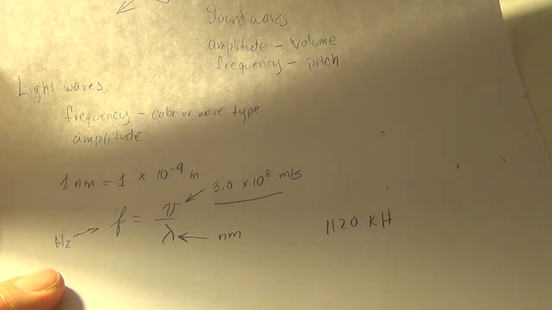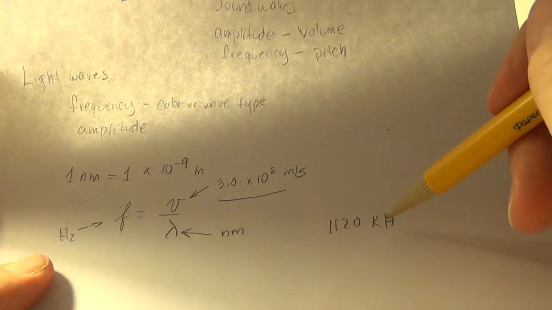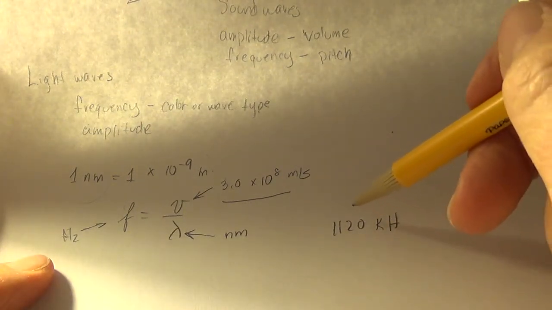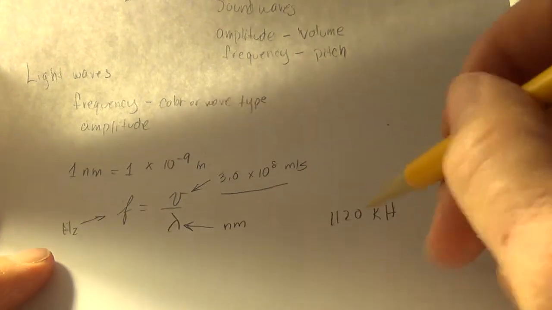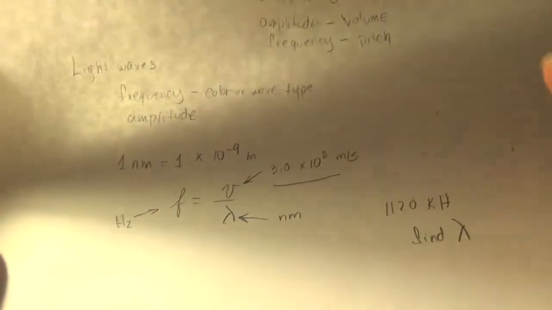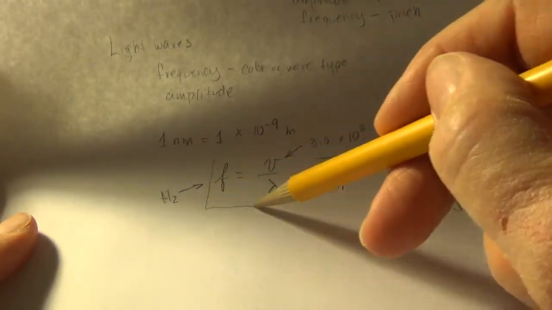Find, so we have some light. Its frequency is 1120 kilohertz. Find its wavelength. All right, so let's just step through this together. So we're going to use this formula.